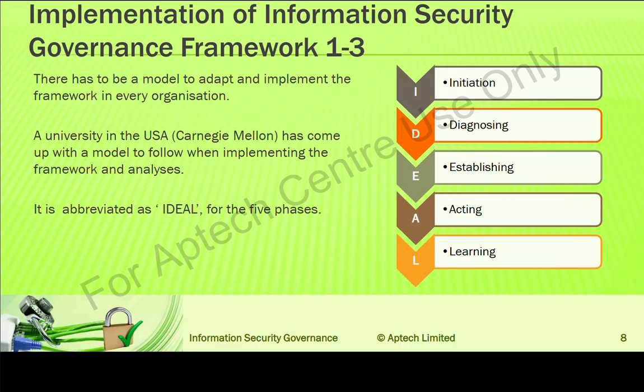A university in the USA, Carnegie Mellon, has come up with a model to follow when implementing the framework. It is the abbreviation IDEAL for the five phases: initiation, diagnosing, establishing, acting, and learning.